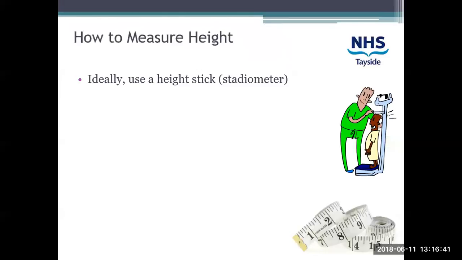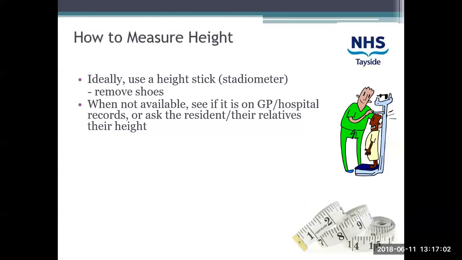So how to measure height? Ideally, using a height stick is the most ideal way to get an accurate height. Remember, you won't get a true reading if someone has a stooped or curved posture. You can use a height stick or even just a measuring tape.